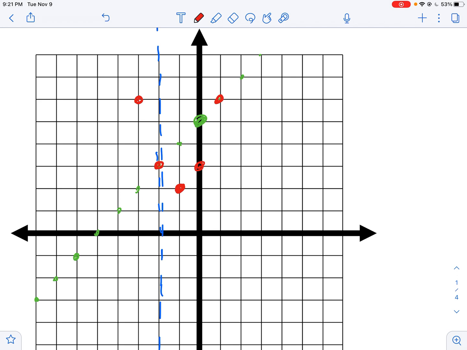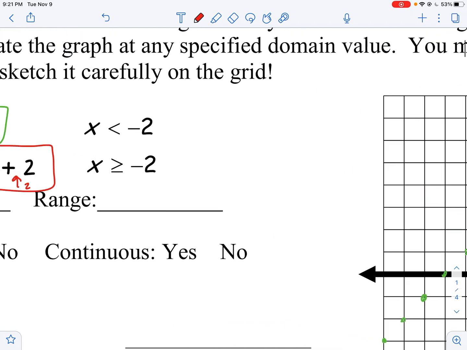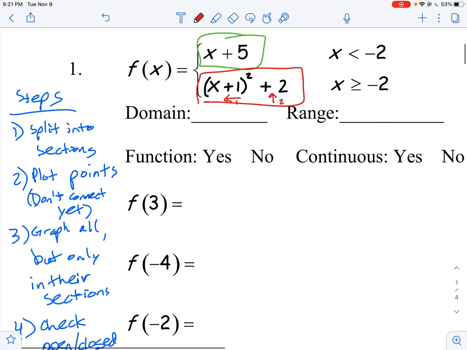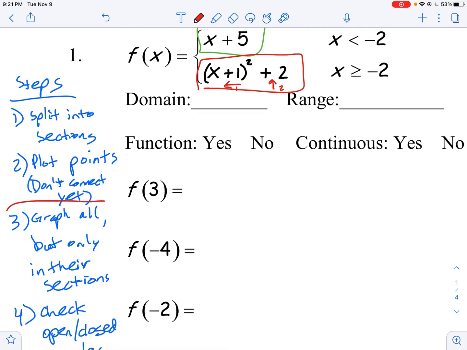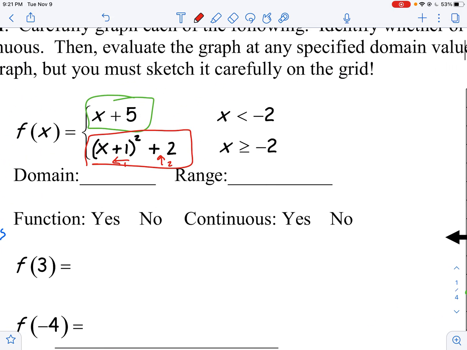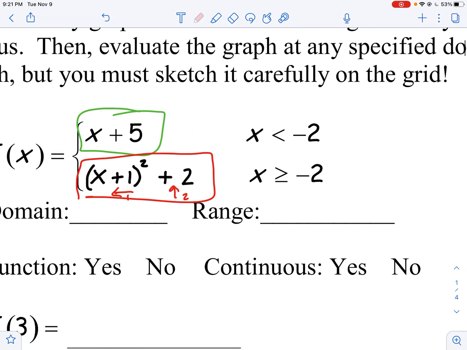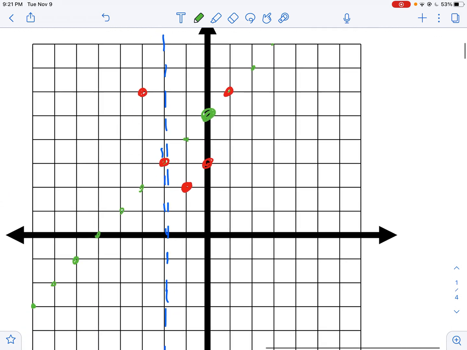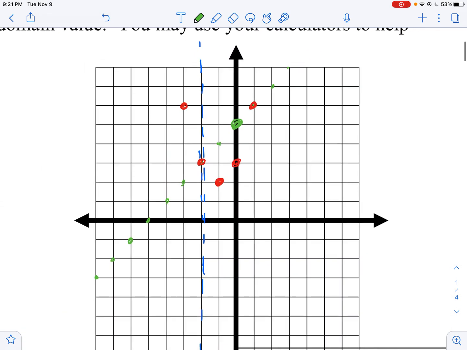And notice I have not connected any of them yet, because now I need to figure out which points do I connect. So I'm looking at step 3: I'm going to graph them, but only in their sections. My first one is for all x's to the left of -2. So I come over here, and this is where I drew my vertical line, where x is -2.